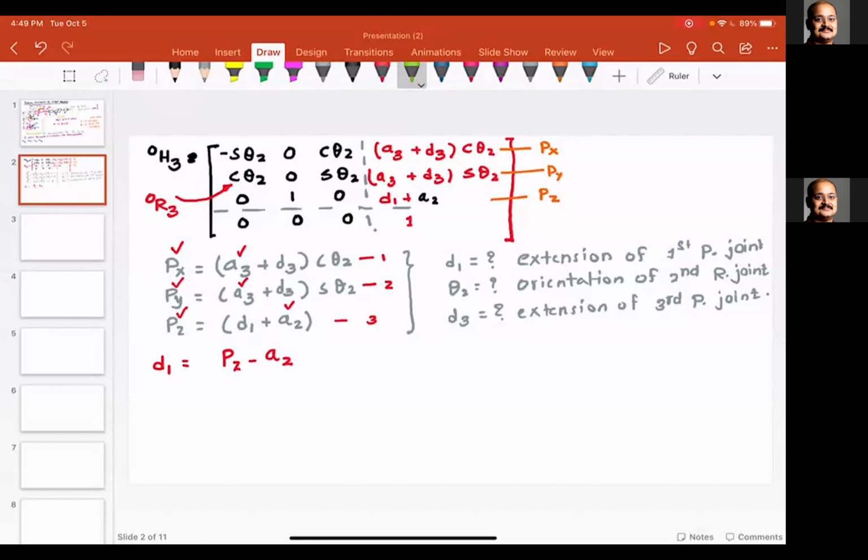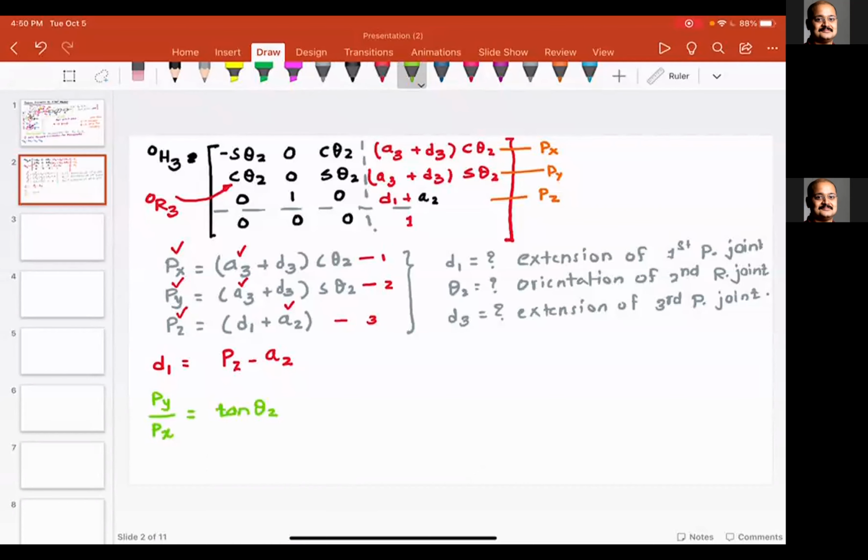Second, I want to find theta 2. So Py divided by Px is equation 2 divided by equation 1, which gives me tan theta 2.